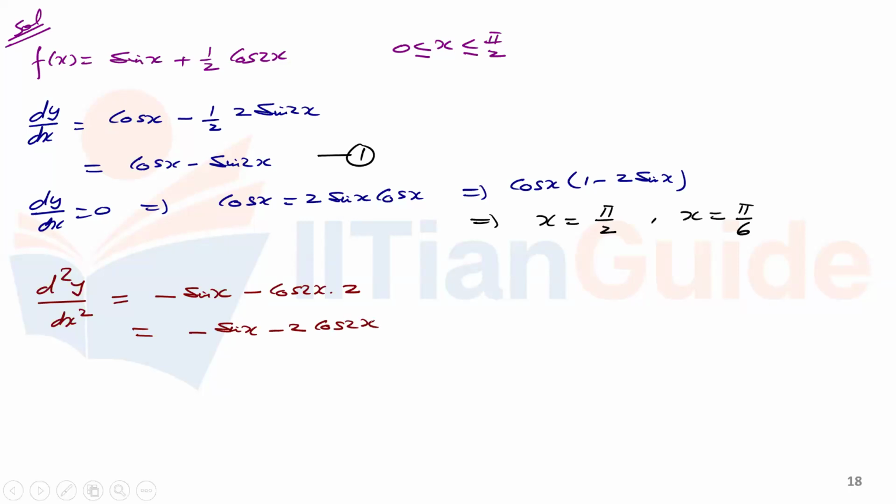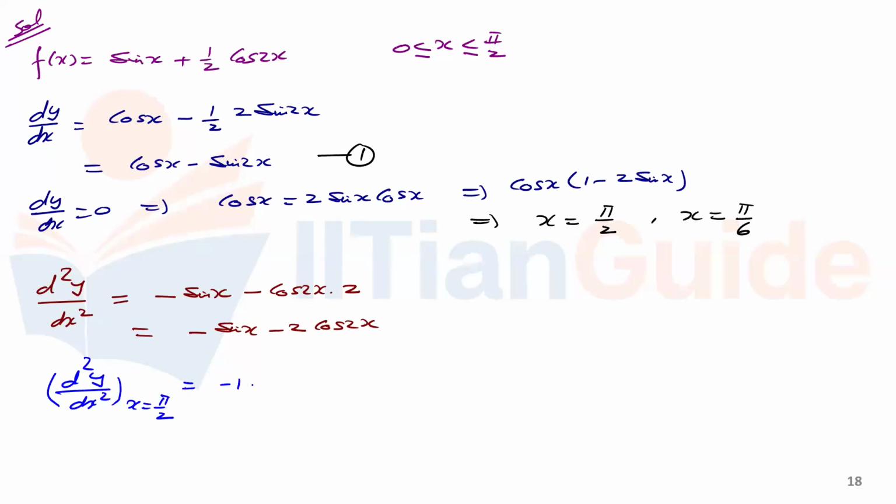I will calculate the value of the second derivative at both the points. So the value of del square y upon dx square at the point x equal to π/2. Okay. When I put x to be π/2, sin π/2 is 1.